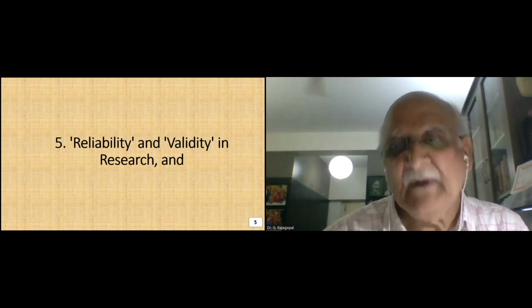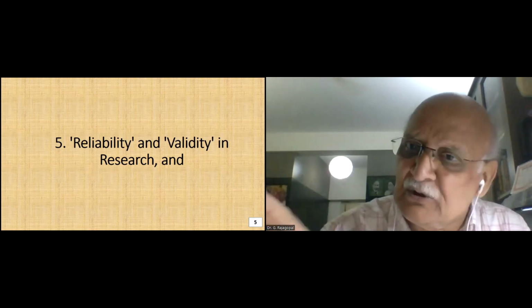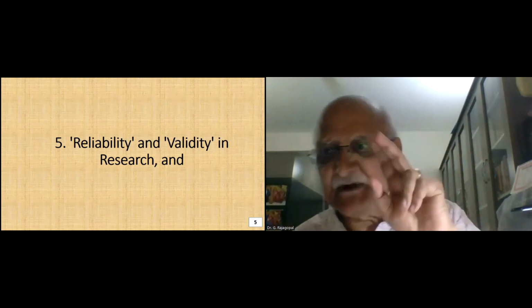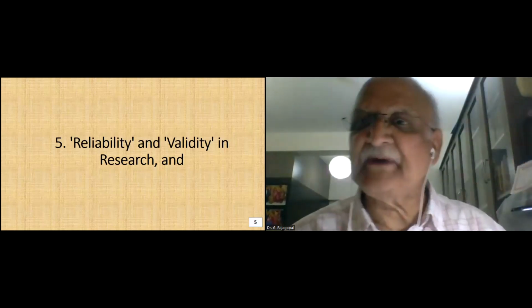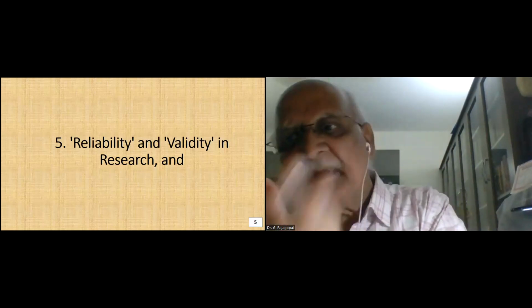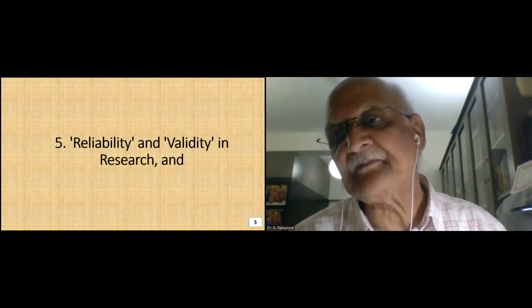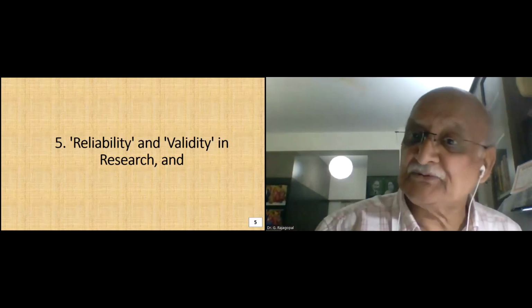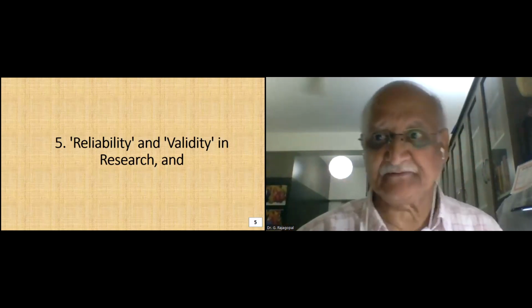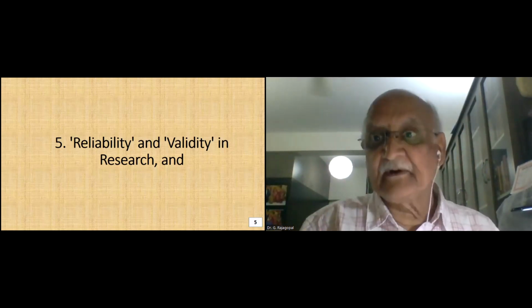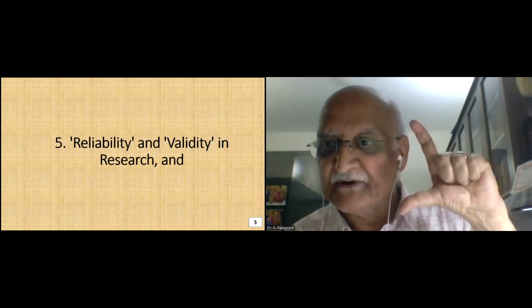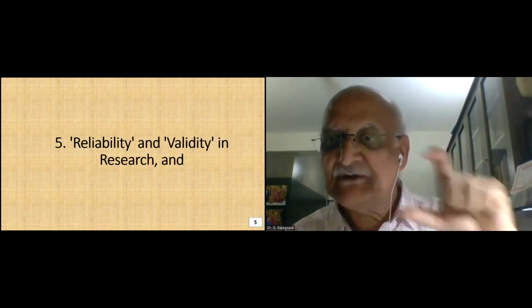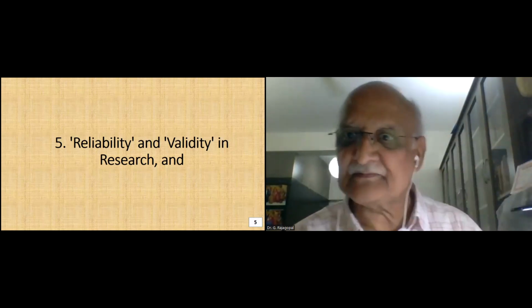An examiner will try to look at the conclusions. The examiner will look at two things: your interpretation of data, and number two, the conclusions. And when the examiner looks at both these things in your thesis, the examiner turns to chapter 1, where you have spelled out the research questions and the hypotheses.